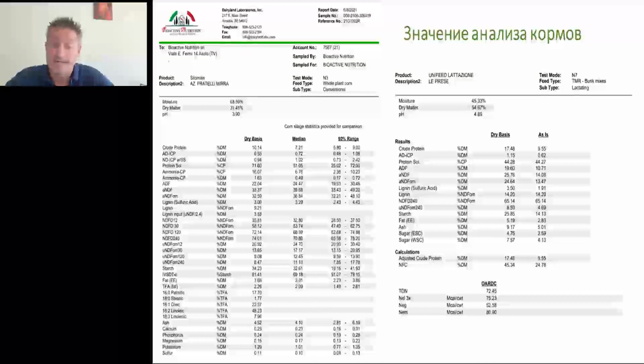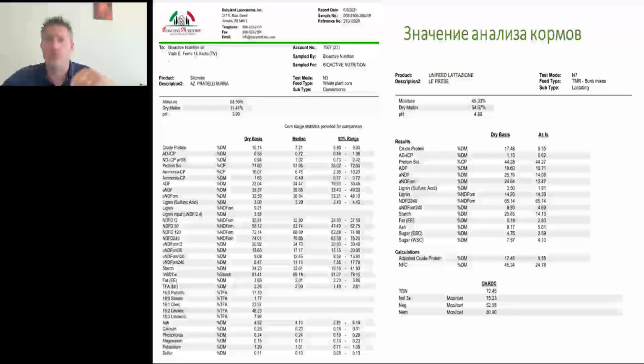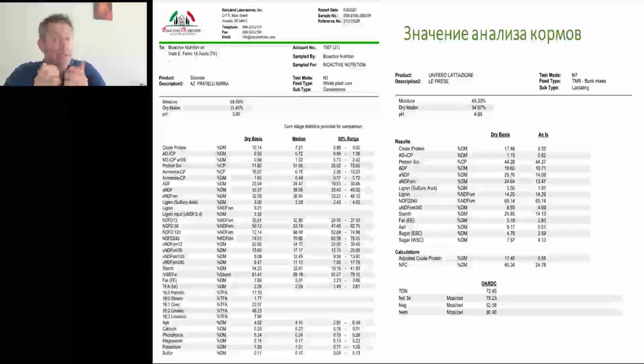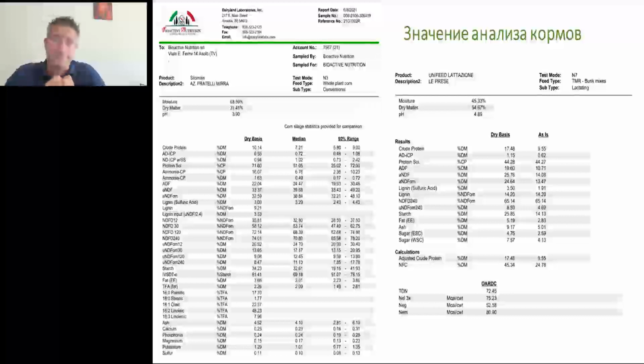In the feed analysis, it's very important also to consider the acid profile, how the fermentation has been. For example, for corn silage, the percentage of lactic acid should be at least 2.5 times more than acetic acid. The ideal would be 3 to 1.